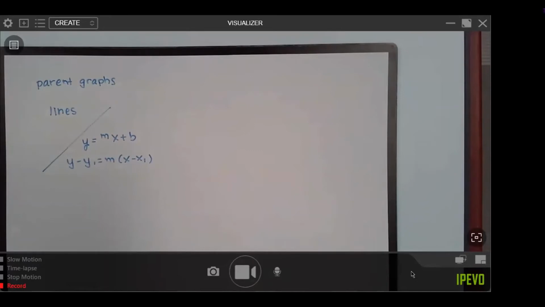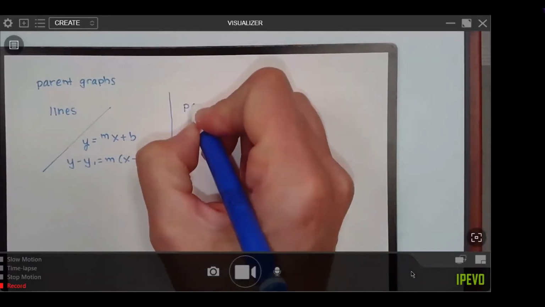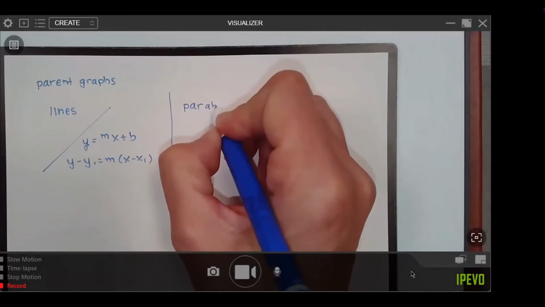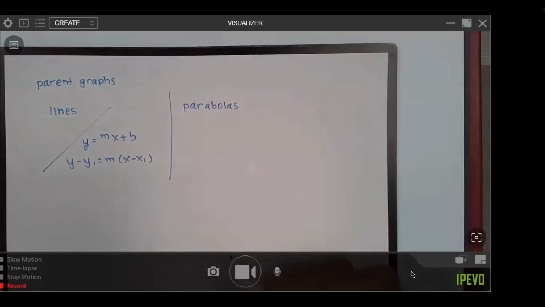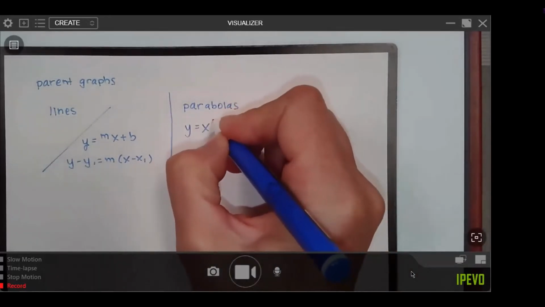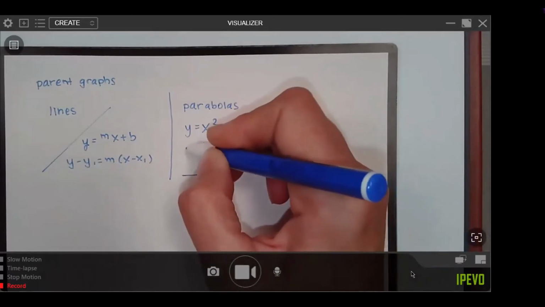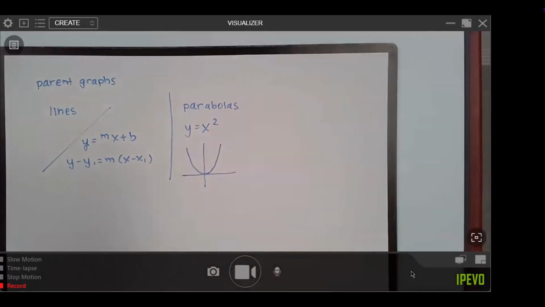Well, if we take the power on x up a notch, then we're playing with parabolas. And when we talk about the parent graph for a parabola, we think about y equals x squared, which kind of looks like a U. And then we can think about how to shift and manipulate that parent graph.